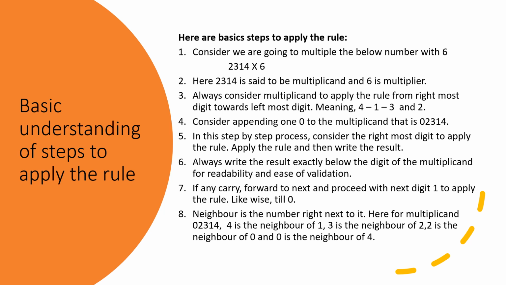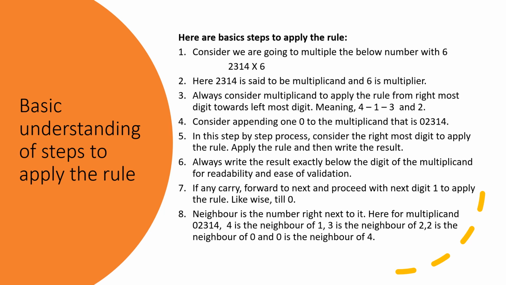In the step-by-step process, we should always consider the rightmost digit to apply the rule and then write the result. It is always best practice to write the result exactly below the digit. If you are working on the digit 4, then write the result of that 4 just below the digit 4, likewise till 0.